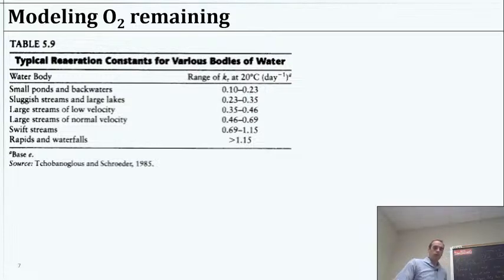All right, so if we take a look at this reaeration rate constant, KR, I've got some values here that give an example of the typical ranges given different water bodies.